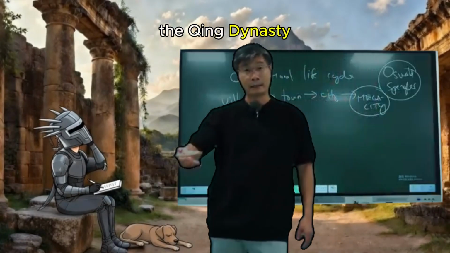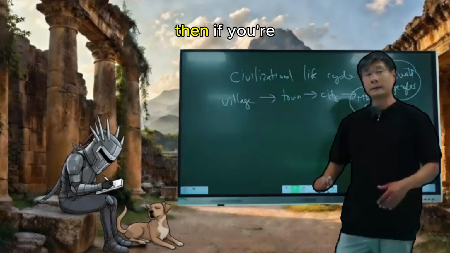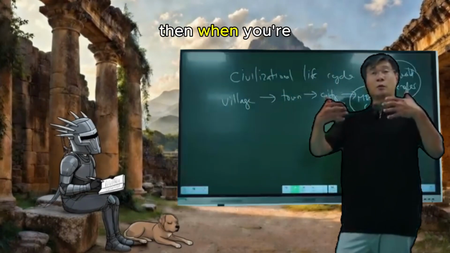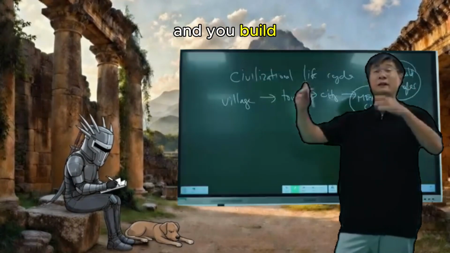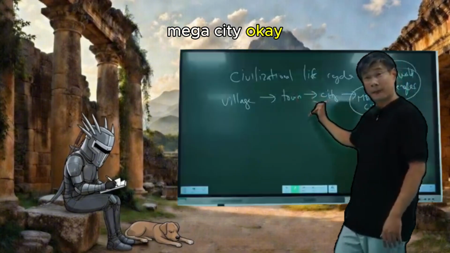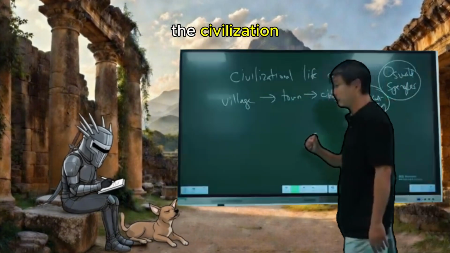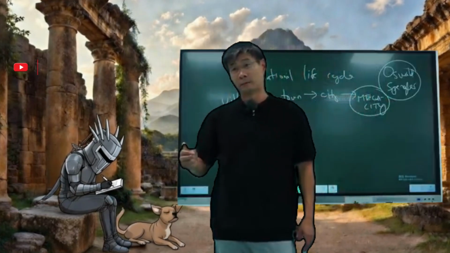The Qing dynasty. You start off in a village, then if you're successful in the village, you build a town, then when you're in a town, and you're successful, you defeat other towns and you build a city, and you become a megacity. Okay? And what Oswald Spengler says is, at the height of the civilization, it must now die.